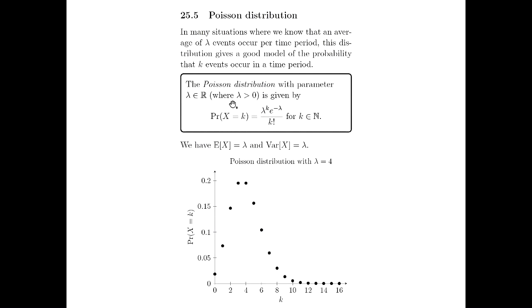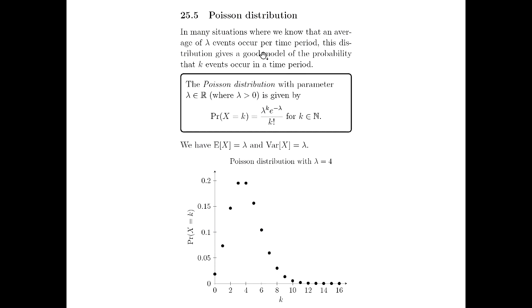And very roughly, the way to think about this is where we have an average number of events that occur in a particular time period, but that average will vary.